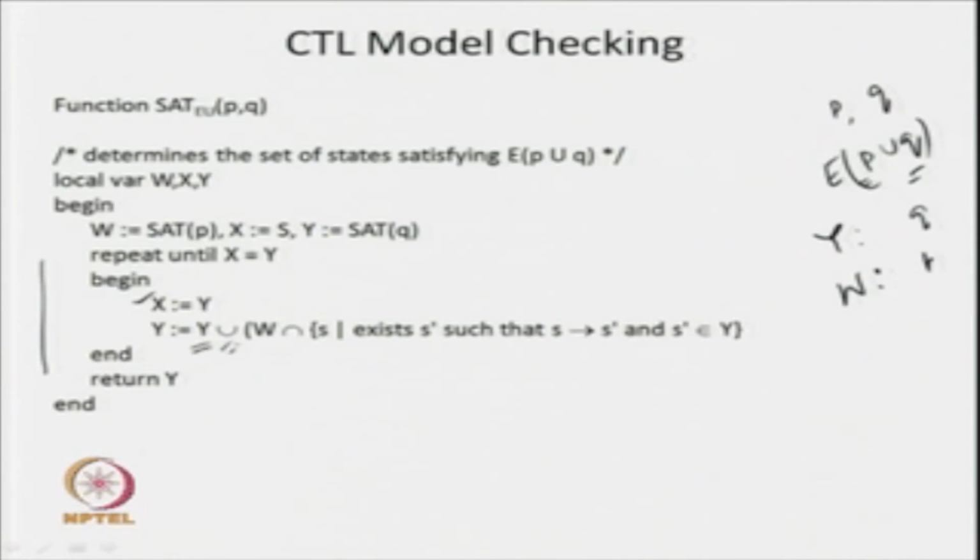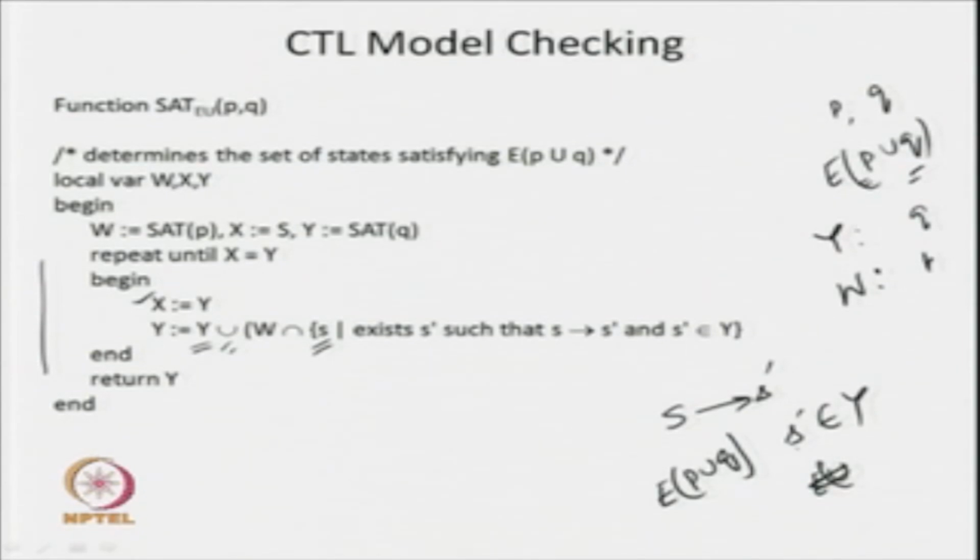That means now we are going to look for those states where our required condition is satisfied. What is W? This is the set of states where P is true. So, W intersection, we are going to collect all such states S such that from S to S dash we have a transition, and this S dash is a member of Y. That means in S dash, E P until Q is already true.